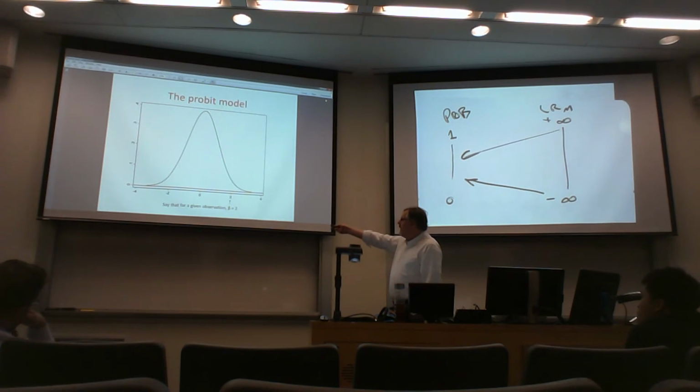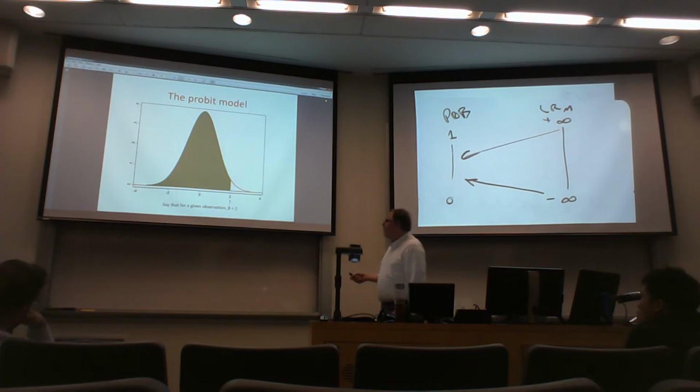If your x times beta equaled 2, the probability is this area. So the y value that you get after you do this transformation is just a z-score.